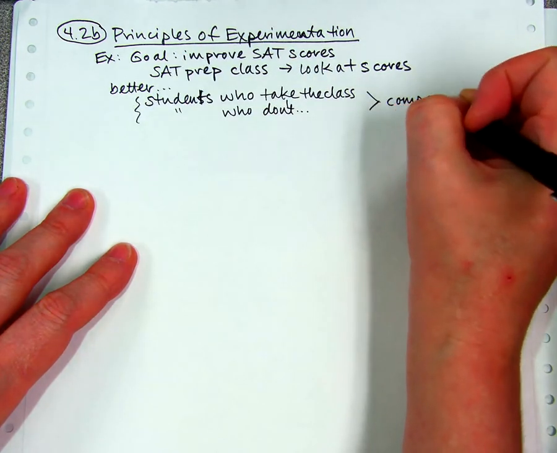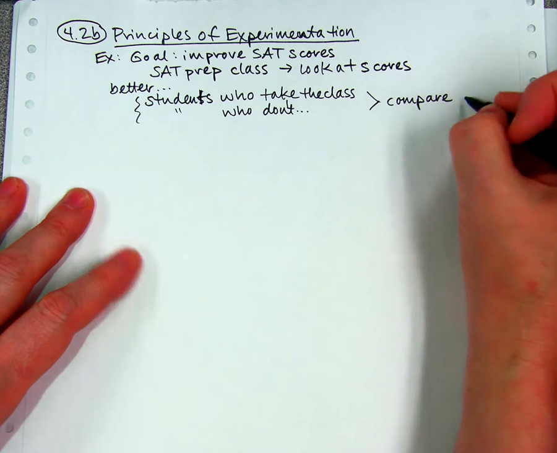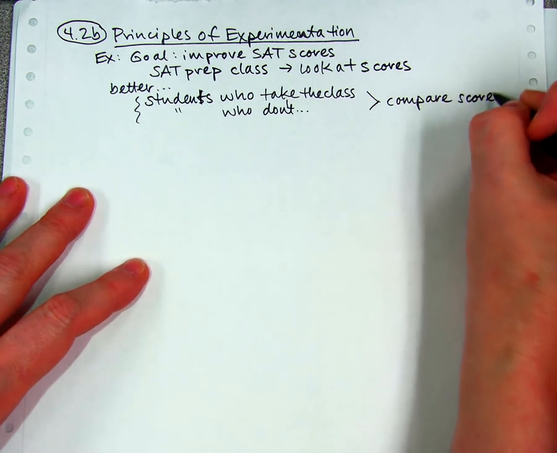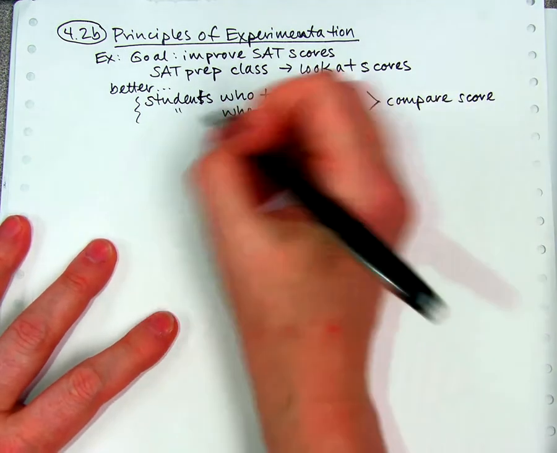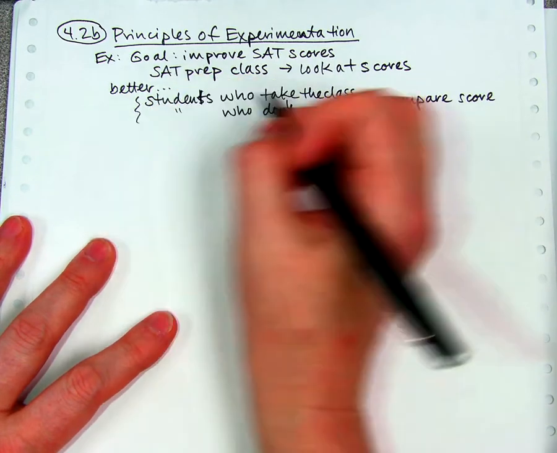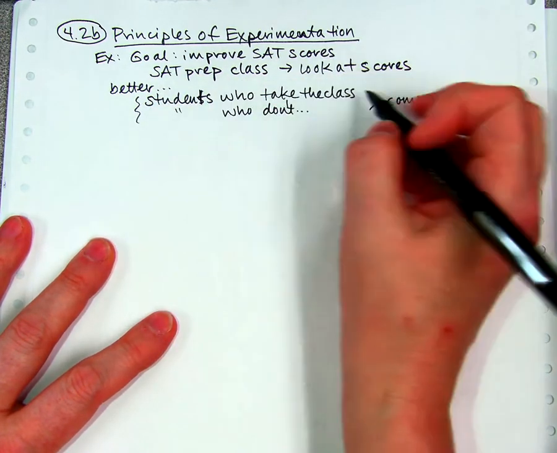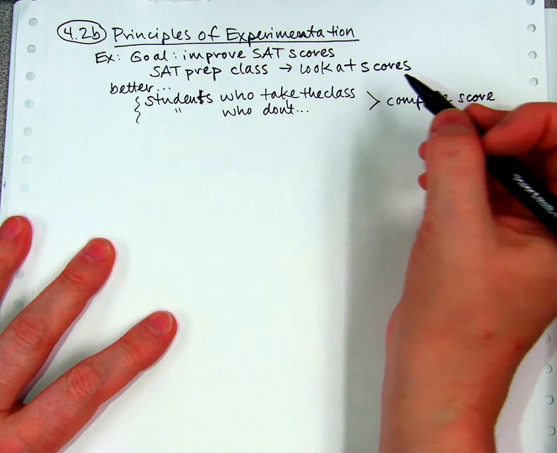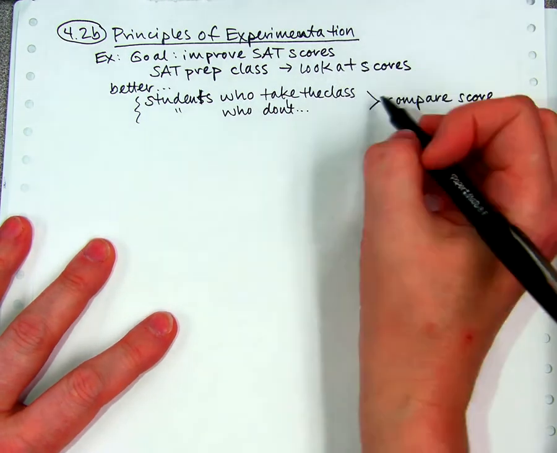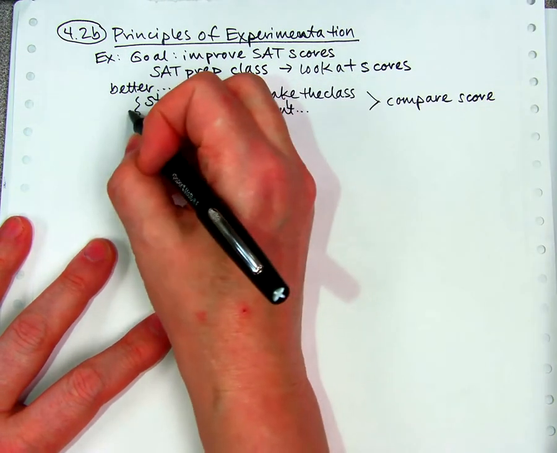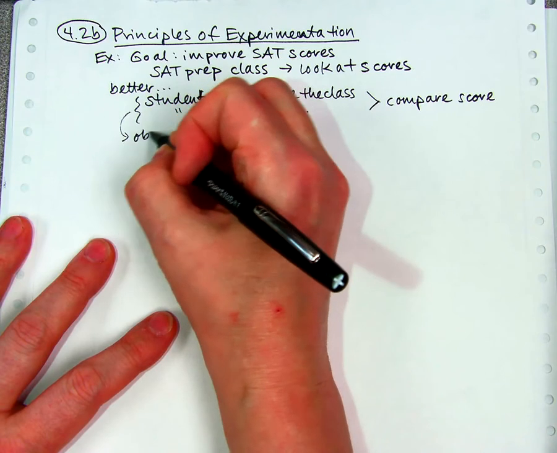But again, if I'm not telling them to take the class or not, then I have some confounding variables involved with that. So if I say it this way and I just say I take some who took the class of their own choice and those who chose not to, that's still an observational study.